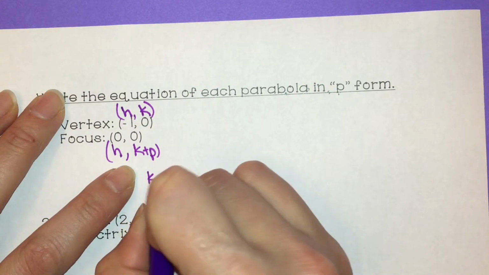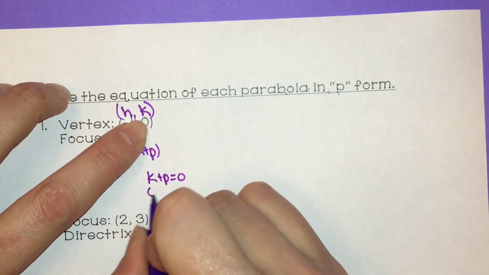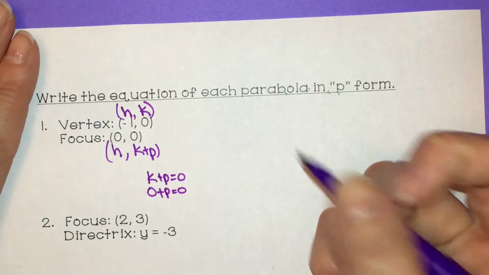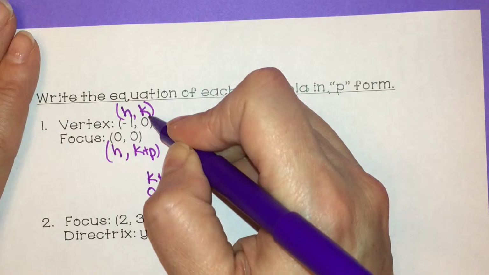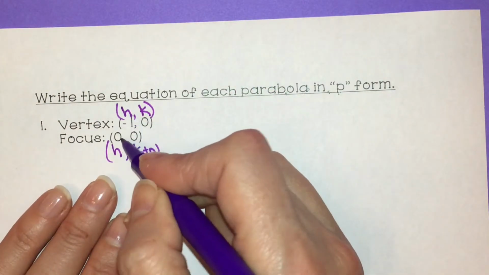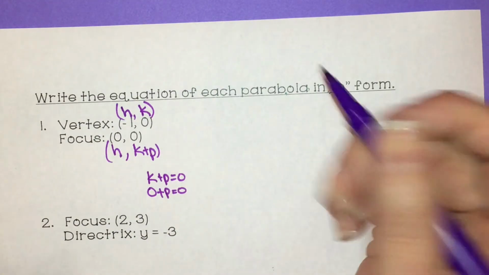So since k + p equals 0, and we know k is 0, 0 + p equals 0, meaning, all right, so we know, this is the one that we have to look at. It wouldn't make sense for p to equal 0.